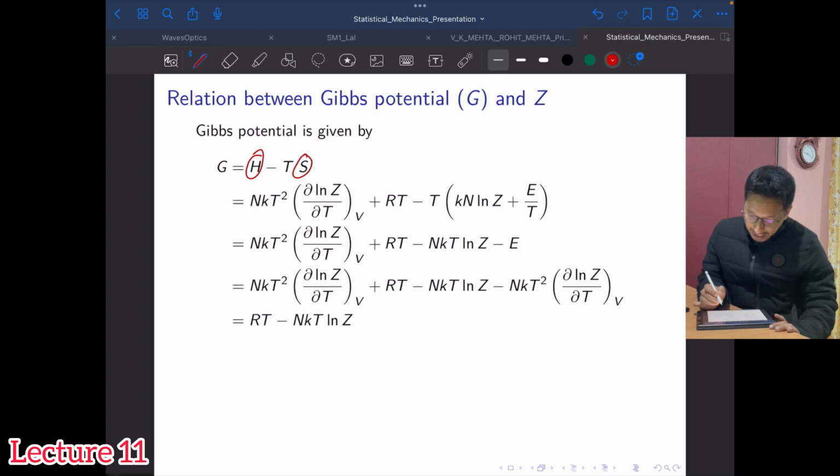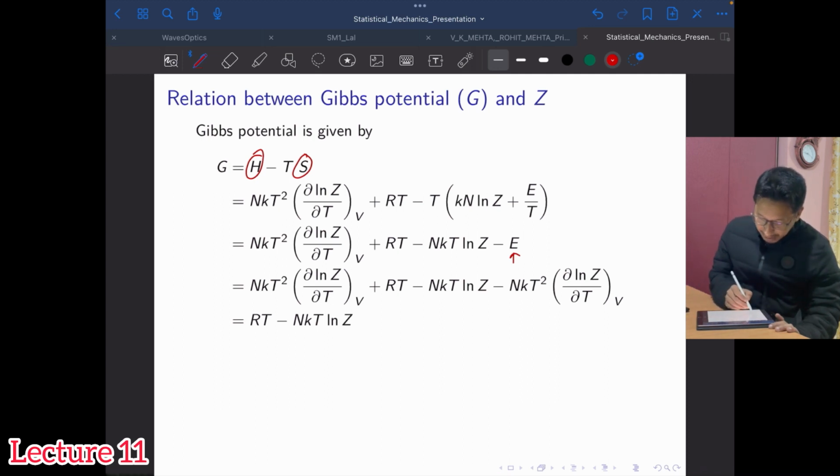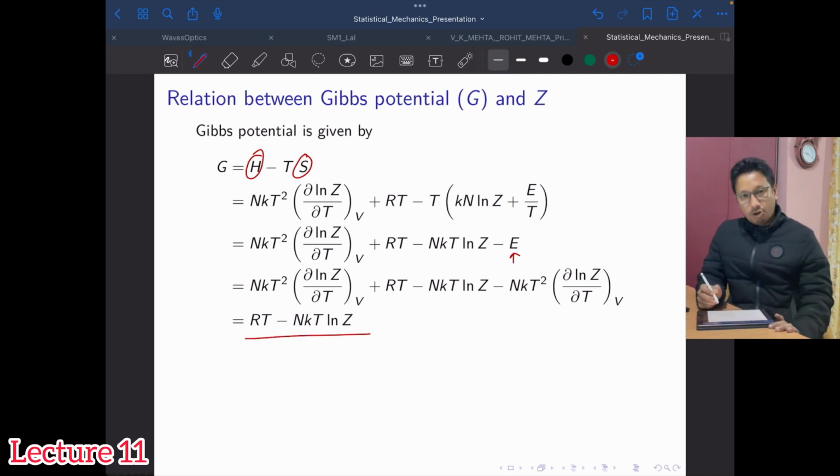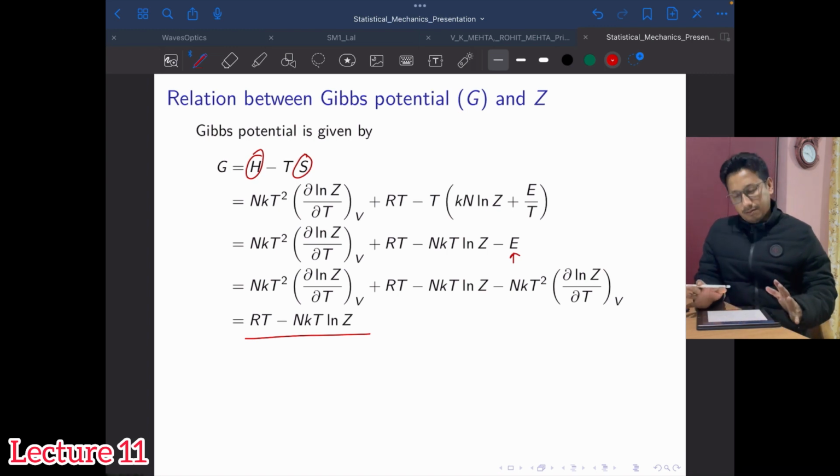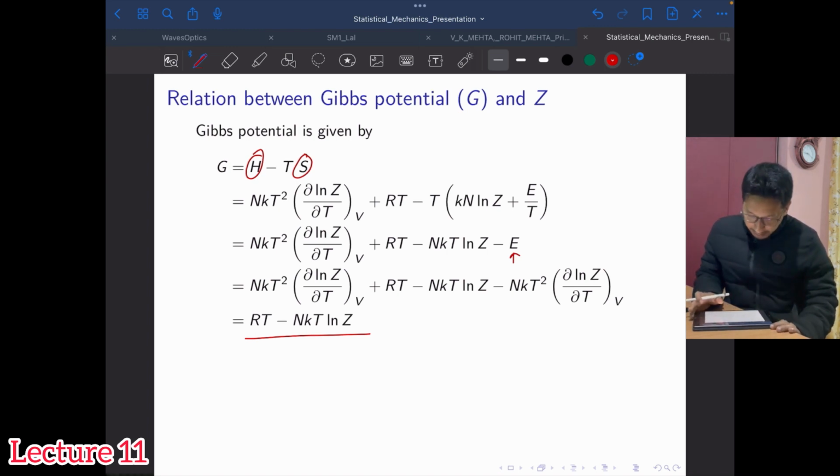And here is this E, substitute again for this total energy expression that we have got. Then it will remain RT minus kT ln Z. Here you can slowly carry out the maths and see. This is nothing very serious maths. It's simple addition, subtraction, differentiation.